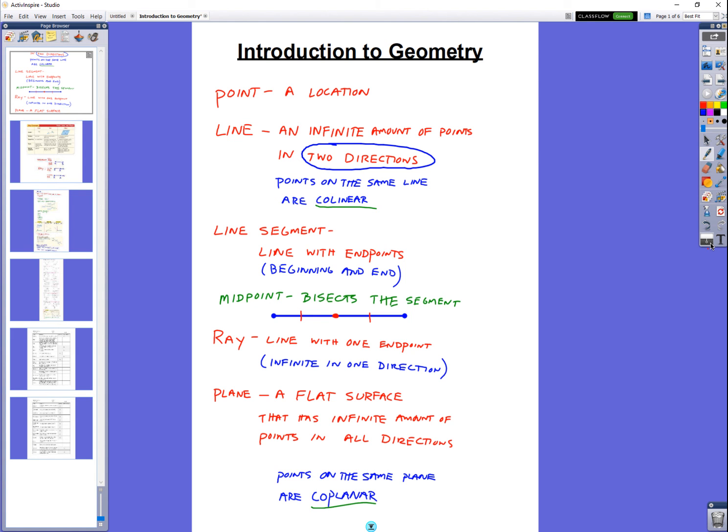If you have points that lie on the same flat surface, those points are said to be coplanar.